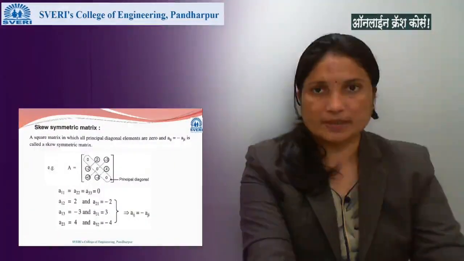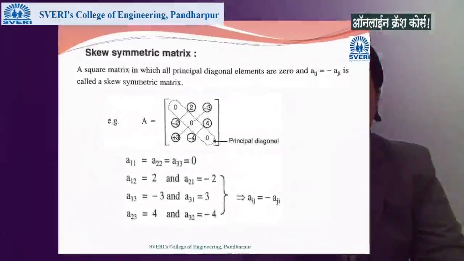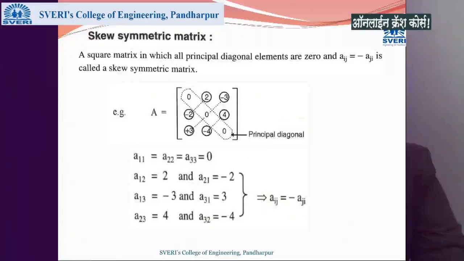The skew symmetric matrix. What is the skew symmetric matrix? A square matrix in which all the principal diagonal elements are 0 and Aij is equal to minus Aji is called a skew symmetric matrix. For example, A is equal to a matrix with elements 0, 2, minus 3, minus 2, 0, 4, 3, minus 4, 0.